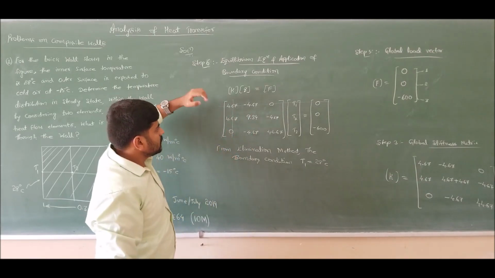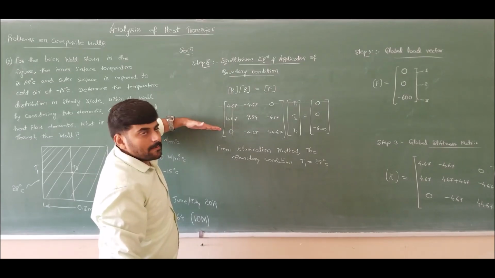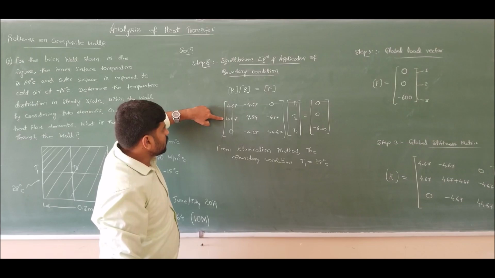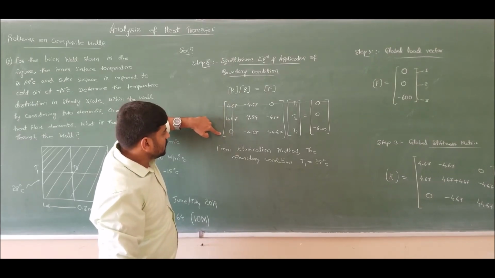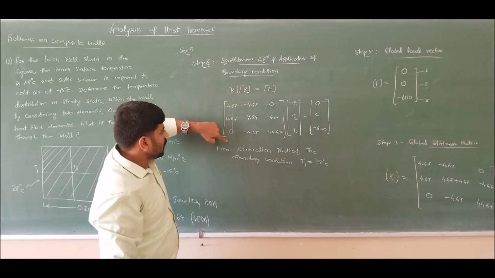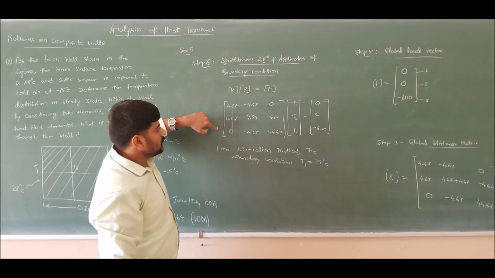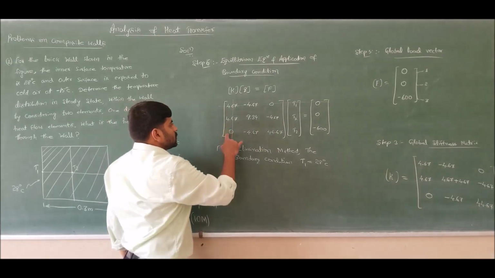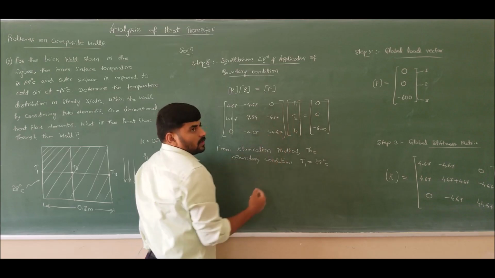Now if you clearly observe, we are left with row 2 and row 3. This term is eliminated only in its column, but it is active in its row. This element is eliminated only in its column, but it is active in its row. Therefore, multiply these two with their corresponding term in the matrix B and take it to the right hand side.